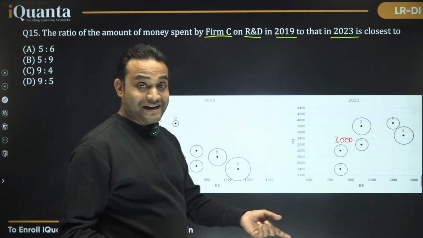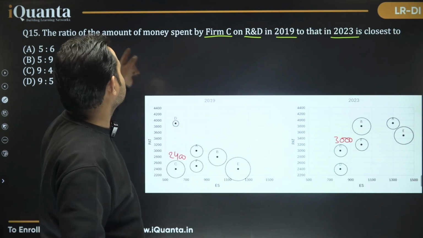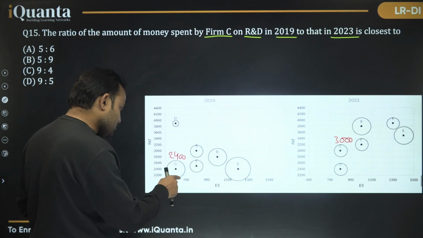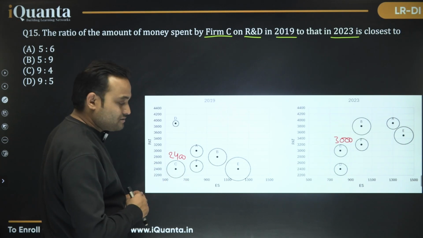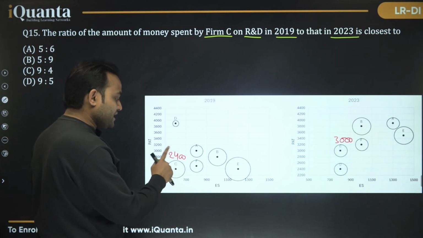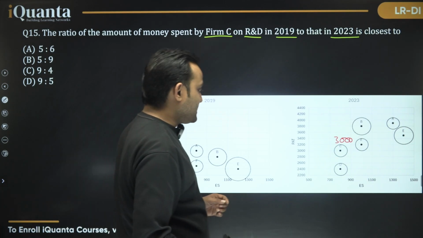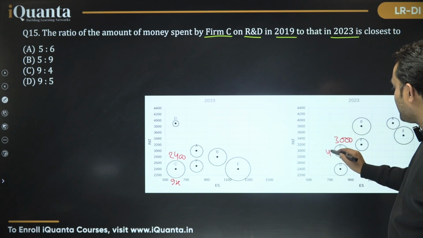But the percentage of PAT gives us the amount on R&D, right? So the percentage value, the radius of this, as we calculated, is 3R, so this will be 9x%. Then in this case, the radius is 2R, so this will be 4x%.